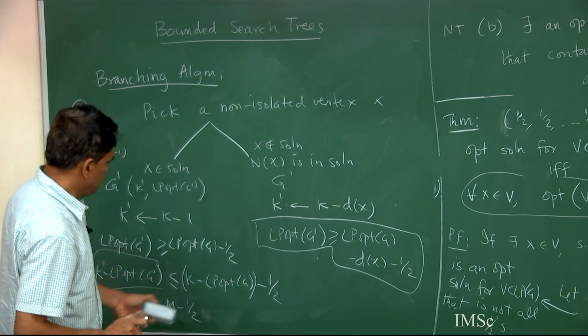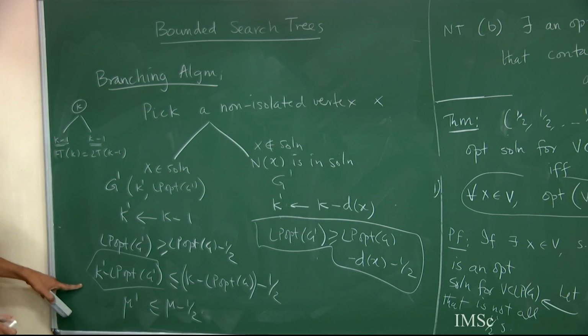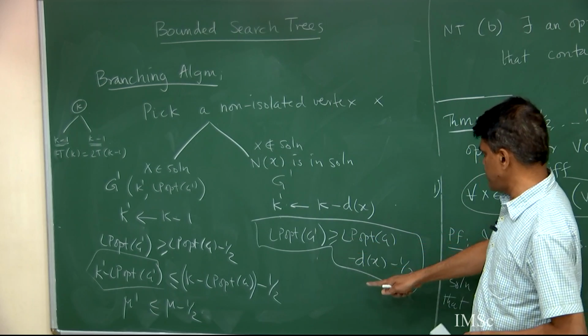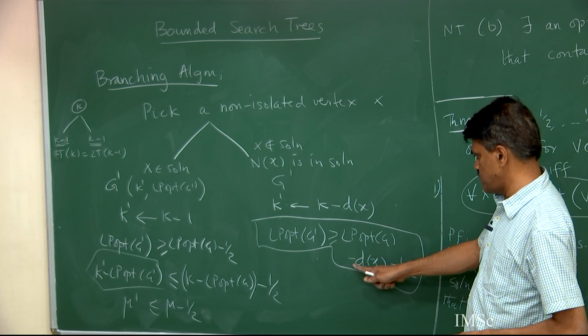To show that, I have something similar, that if I look at the difference, K prime minus LP opt would be less than or equal to K minus the degree of x minus LP plus this.